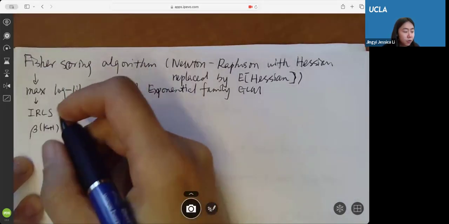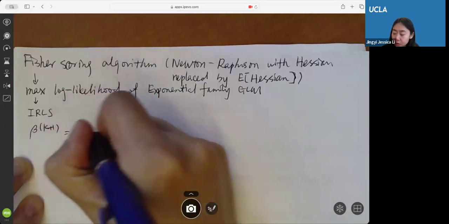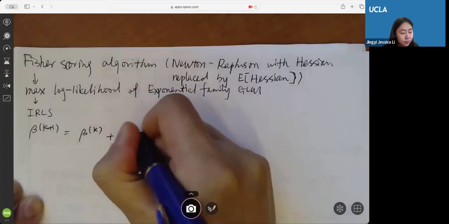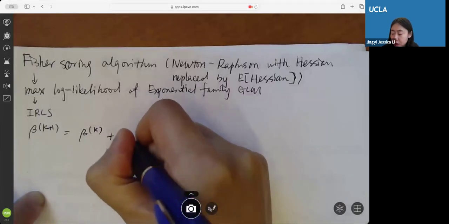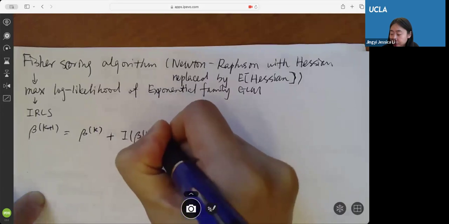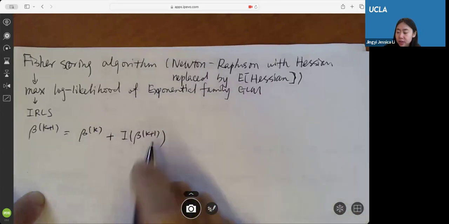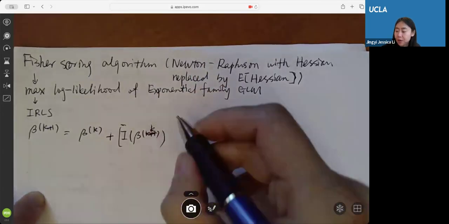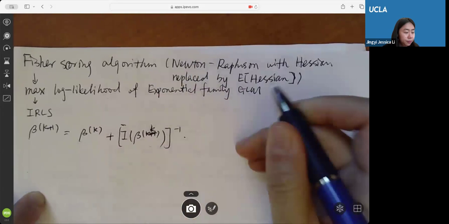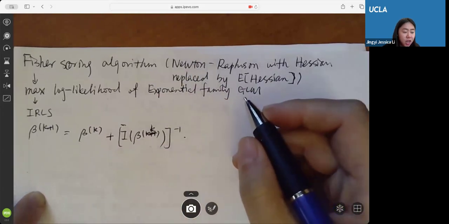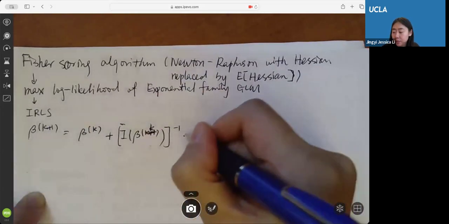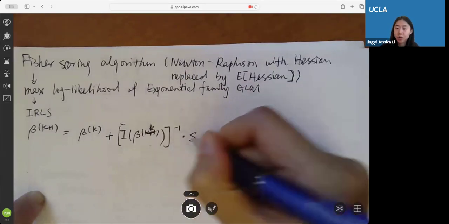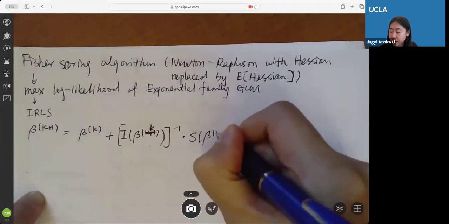And the Fisher scoring will tell us it is equal to the current kth value of beta plus the inverse of the Fisher information, which is a P by P matrix at the current value beta k, not k plus 1, beta k. I take the inverse times the gradient of the log likelihood. And that is actually what we call the score function. So we call it the score function at beta k.